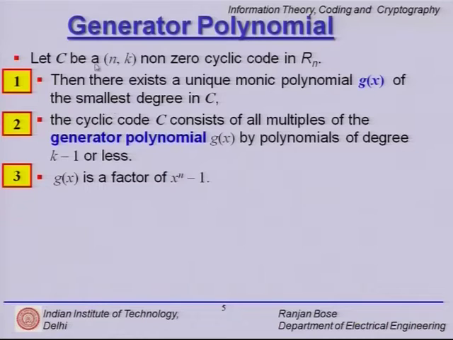So, these are the three properties that we observed about cyclic codes: that g(x) is a unique monic polynomial, and the multiplication of g(x) by any arbitrary polynomial of degree k minus 1 or less results in a valid code word.